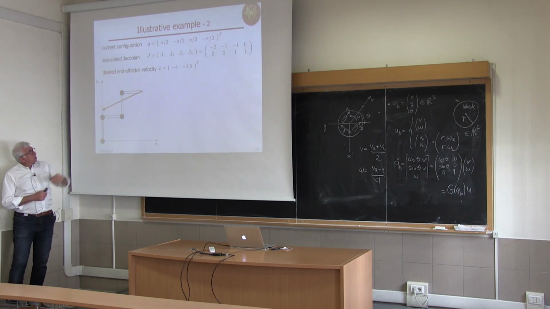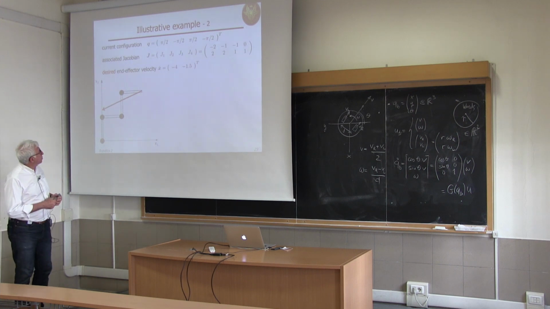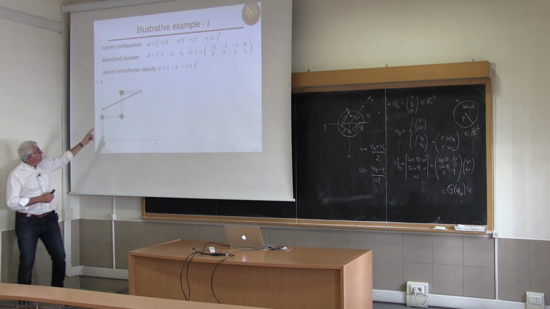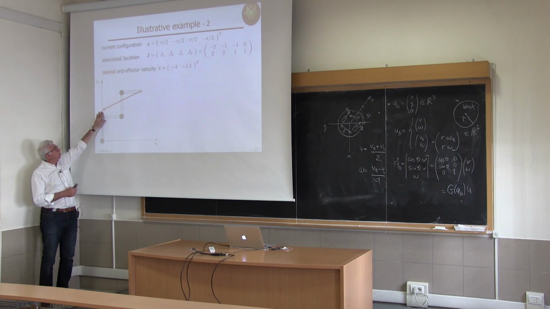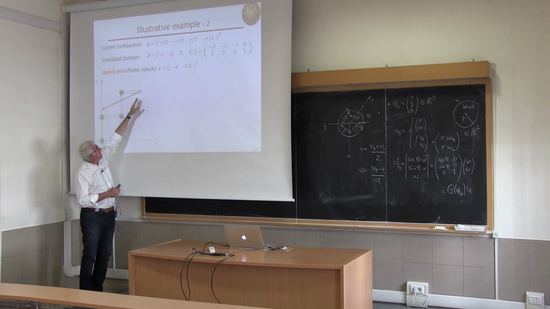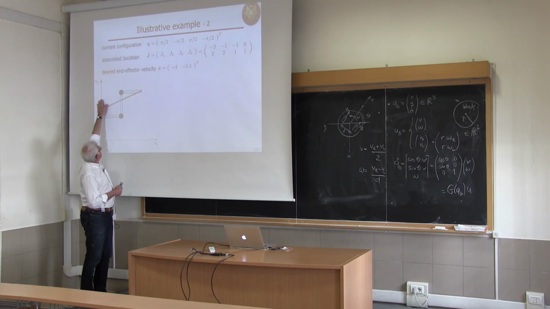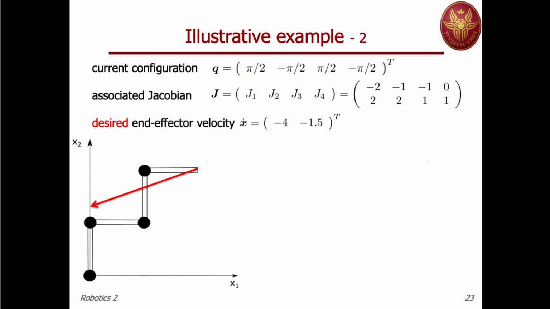We call the single columns J1, J2, J3, and J4, because we will use this notation later on. And this red arrow, not in scale, of course, represents the velocity. It's, in fact, a negative component along x1 and negative component along x2, minus 4 and minus 1.5. This is the correct direction.